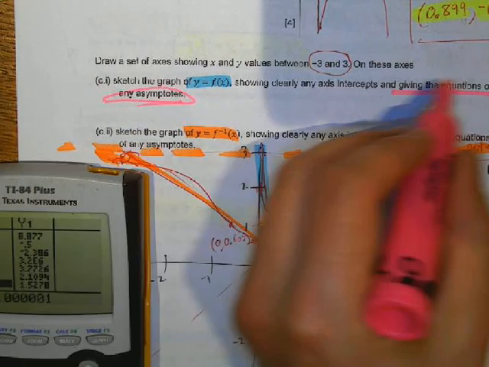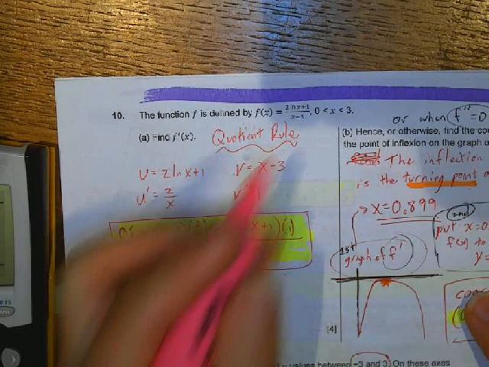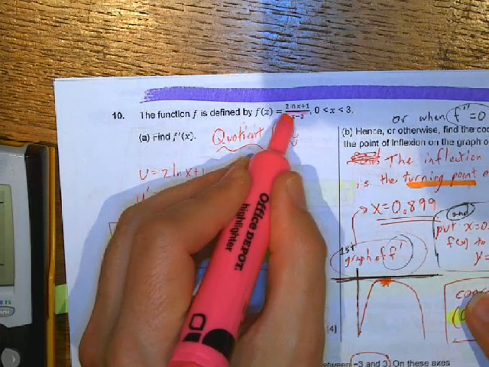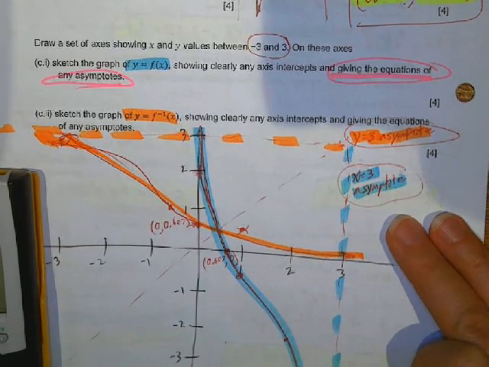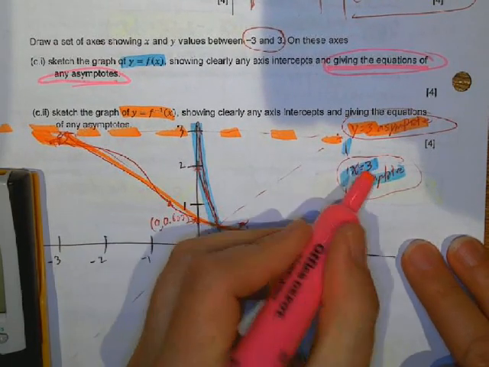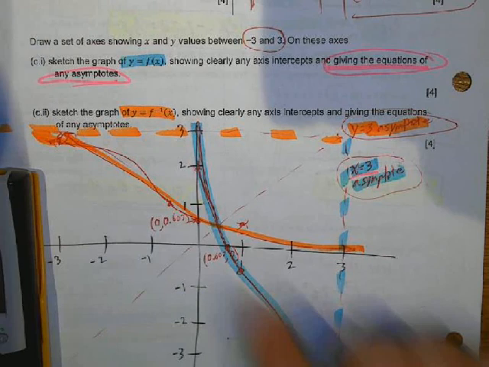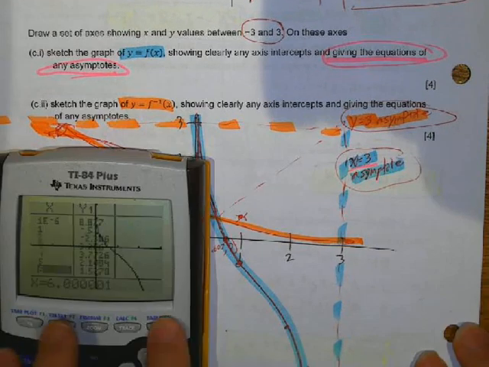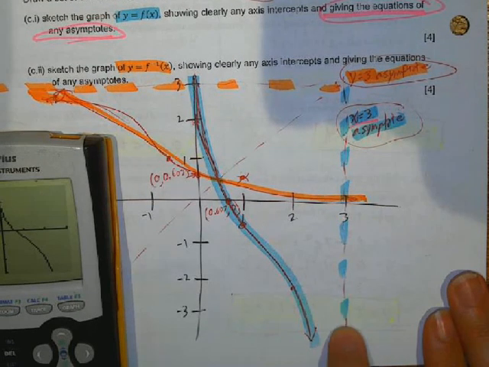So where do you think the asymptotes might be? Well, when you look at your original equation, notice the denominator is x minus 3. Since this denominator is x minus 3, I'm going to have an asymptote at x equals 3. So the blue graph is my function, which you can see on my calculator, and we have the asymptote at x equals 3.